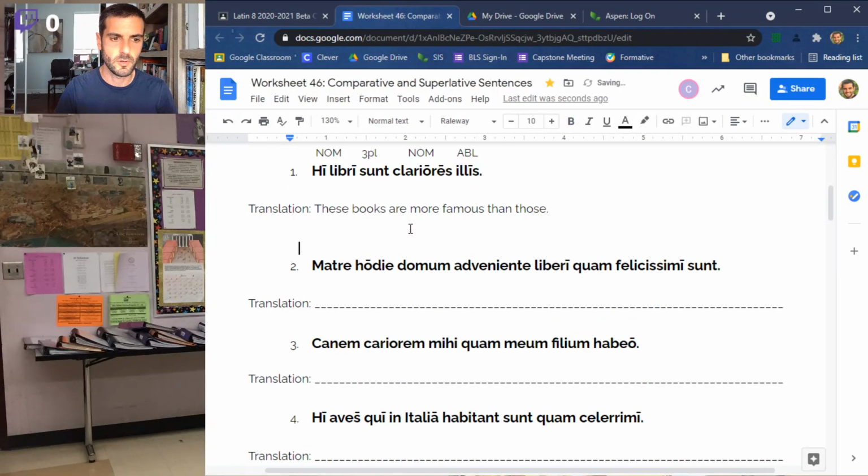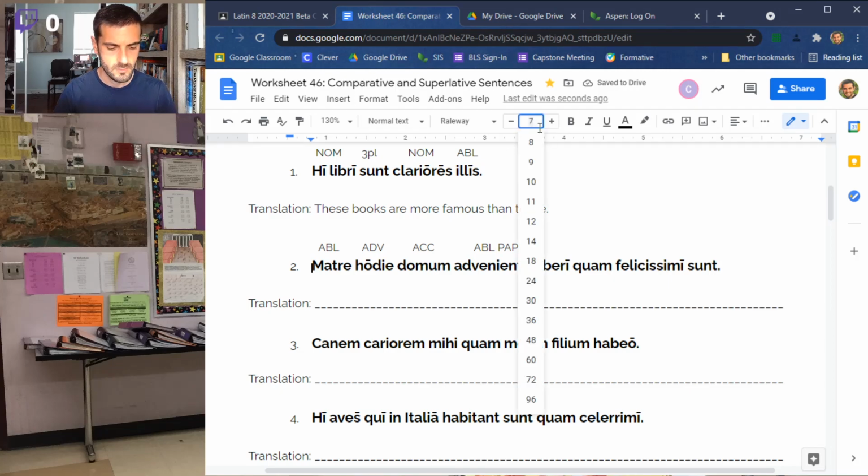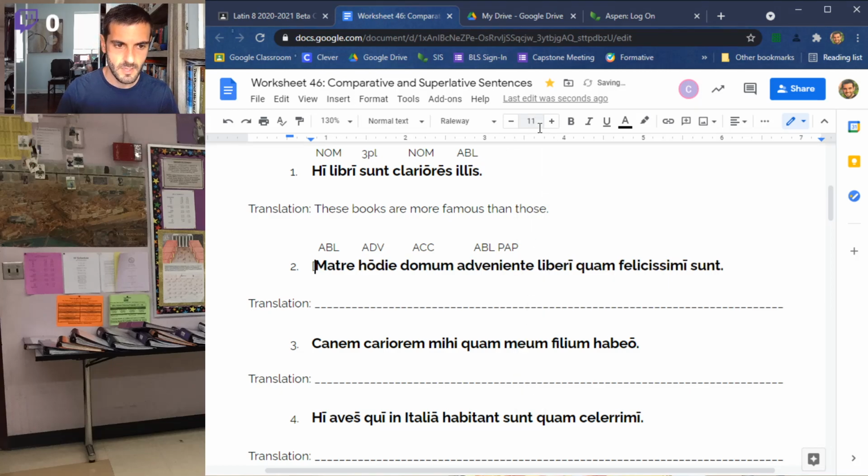Number two is a little bit more involved because we start with matre in the ablative. Hodie is an adverb, just means today. Domum in the accusative case, and adveniente, we have an ablative participle. So from this ablative to this ablative is an ablative absolute.